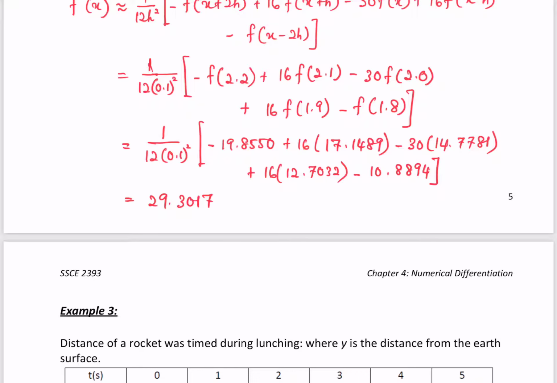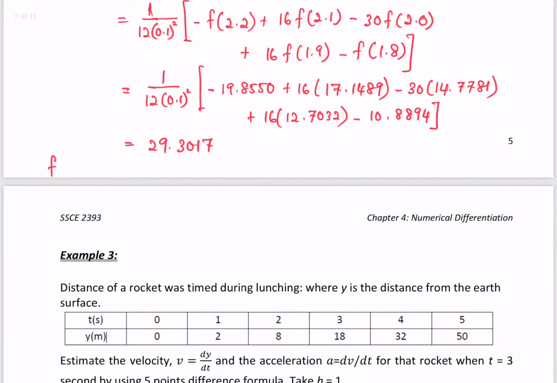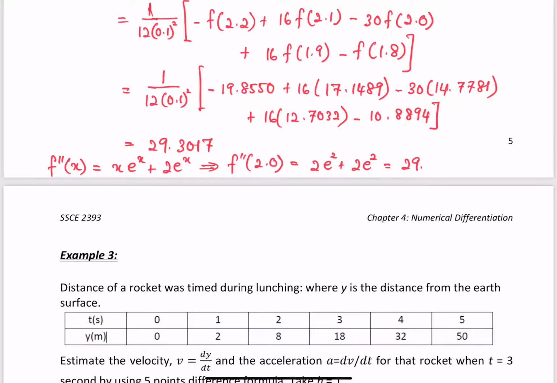And as usual, you also can find the absolute error. Of course, here what you need is the second derivative of your function, where the second derivative is given by x exponent x plus 2 exponent x. So f double prime at 2.0 is equal to 2 exponent 2 plus 2 exponent 2, and what you will get is 29.5562.